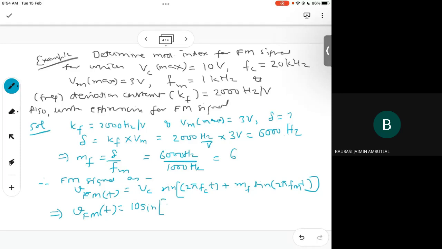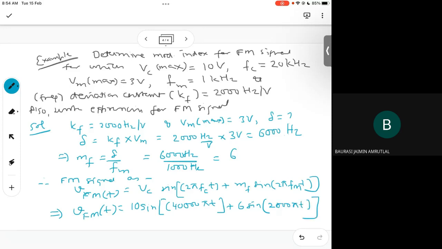So fc is given as 20,000, so it becomes 40,000 pi t plus 6 sine, and fm is given to be 1 kilohertz, so it is 2,000 pi t. That's how we do the problem.